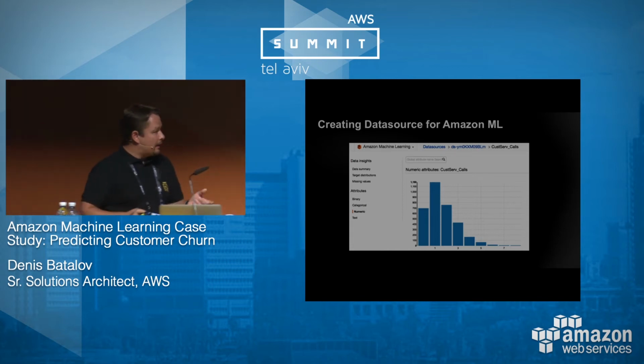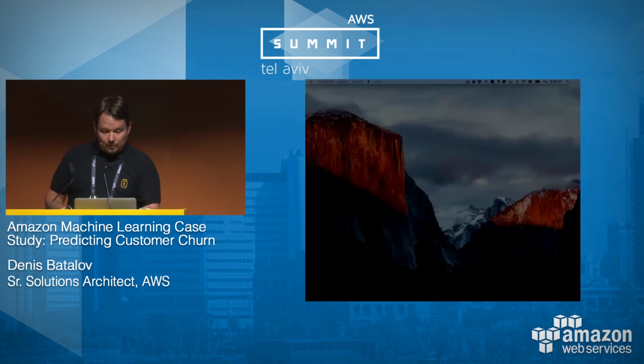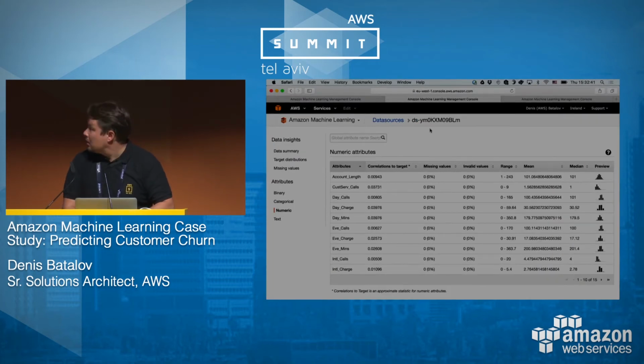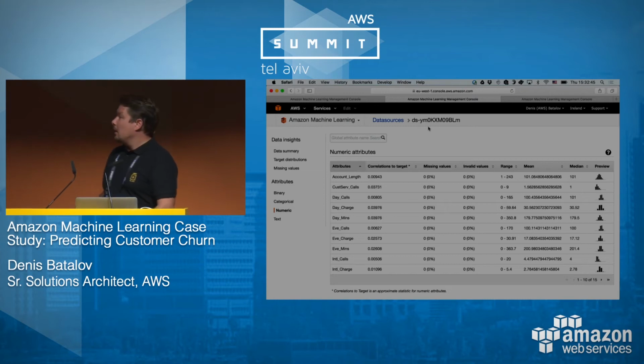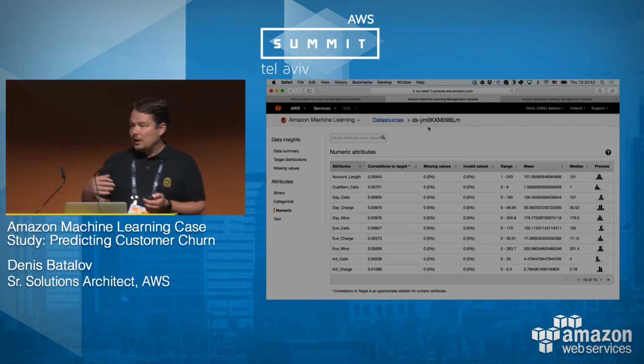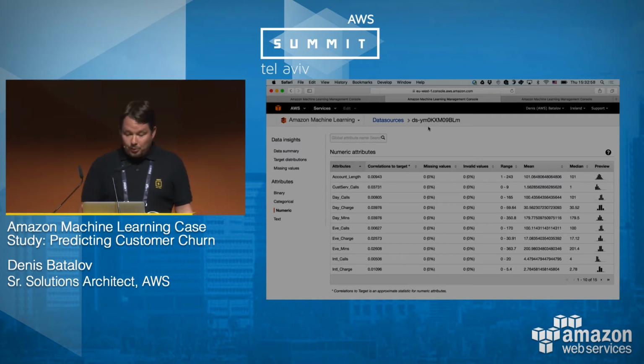However, I think this is a good opportunity for us to switch to the console and observe something about the attributes. This is actually very interesting because you could learn something about your data set in the process, even if the data visualization and information provided here is fairly simple.